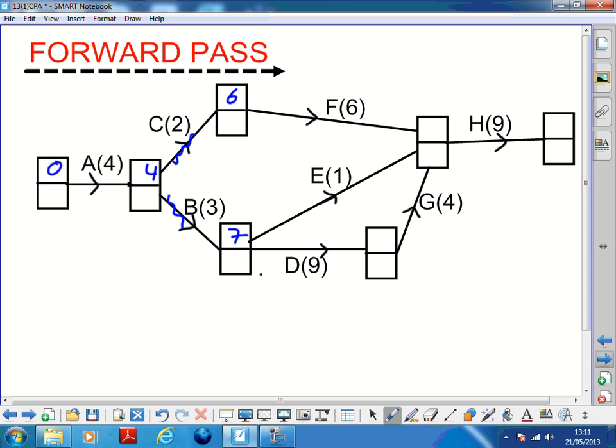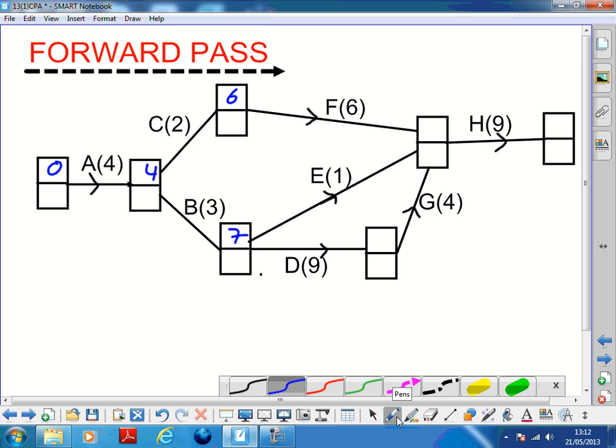Now, the only thing I would say about your considering is that we are going to have to do a backwards pass as well. What you're considering at the moment is the things going into an event. So rather than considering these activities, what you're considering is more the input into this event here.